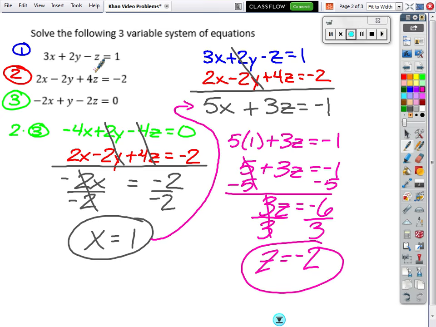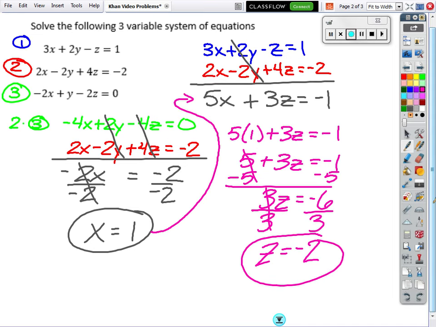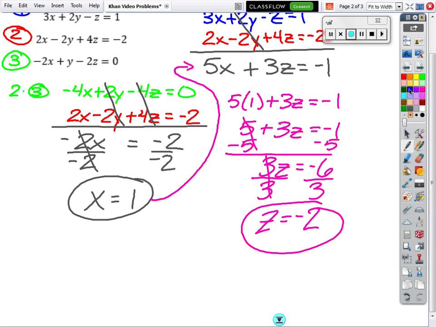And what's nice is I go back to my original equations and I just need to pick one of the three and use it in order to find the value of y, knowing x and z. So I'm just going to use my top equation, 3x plus 2y minus z equals 1. So I'm just going to start by recopying it. 3x plus 2y minus z is equal to 1.